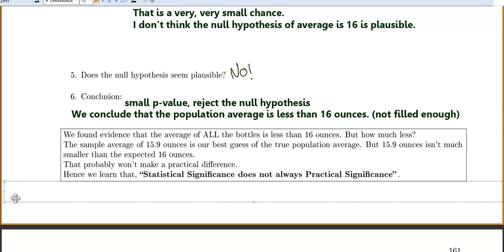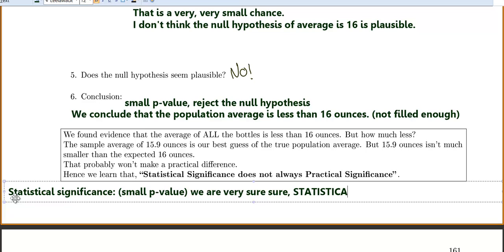So let's write ourselves a little note that statistical significance means that we have a small p-value. It means that we're very sure statistically that there is a difference.